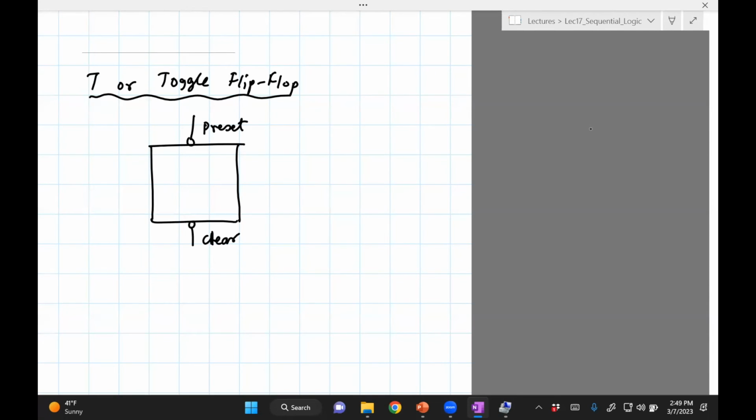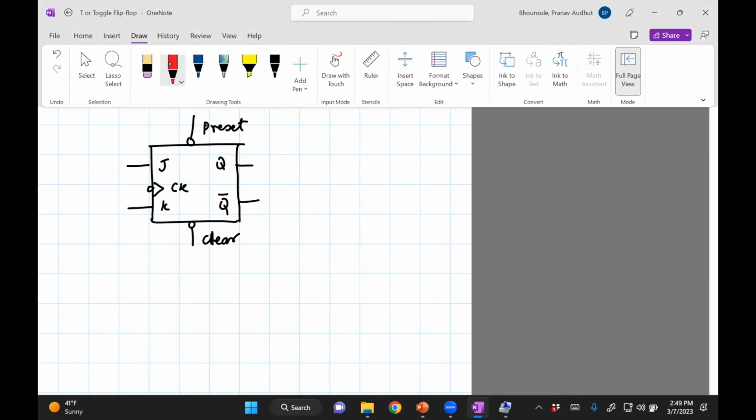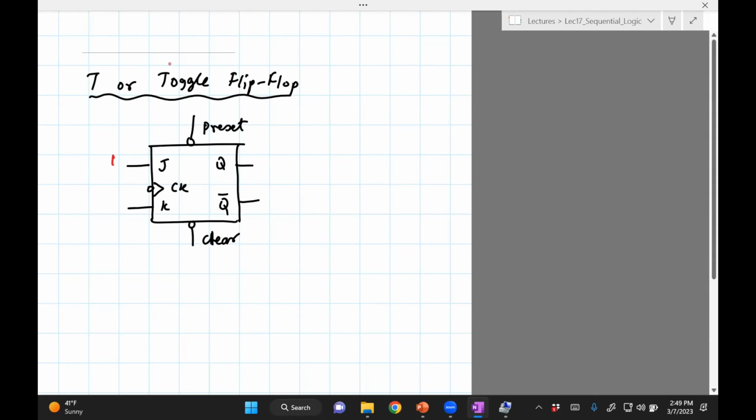Okay, so what I'm going to do is, this is a JK flip-flop. And let's say that we use a negative edge triggered flip-flop. So far, everything is similar to a JK. Now, what we'll do is the following. We'll keep the J as 1.